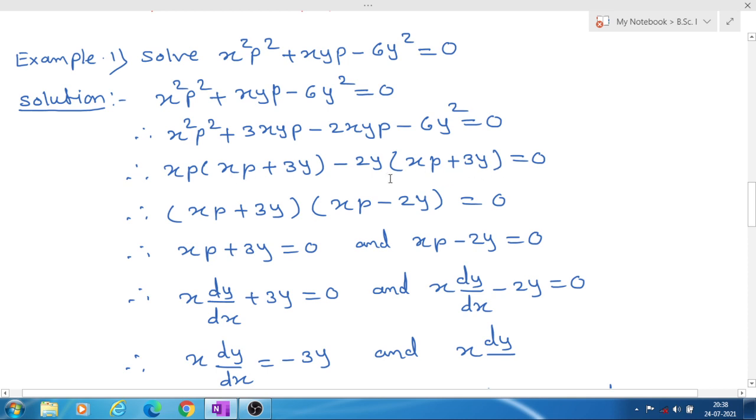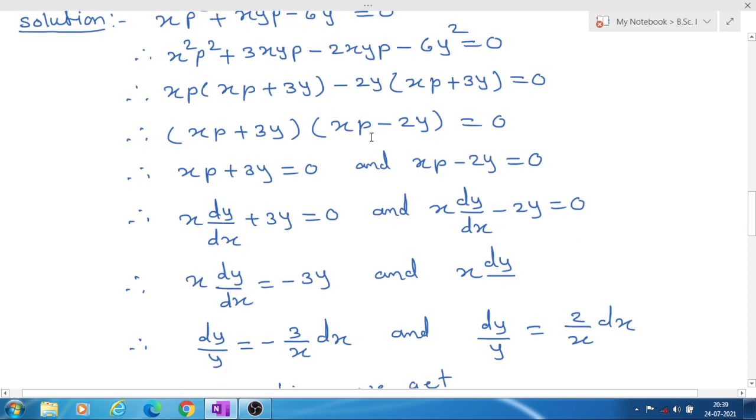So here this bracket px plus 3y is common, so we can take common xp plus 3y, and remaining in the bracket here remains xp minus 2y. So xp minus 2y is equal to 0. Now these are the factors of the equation.